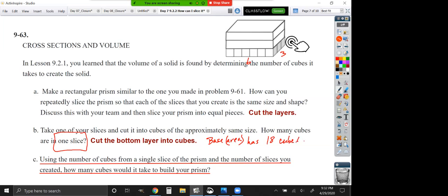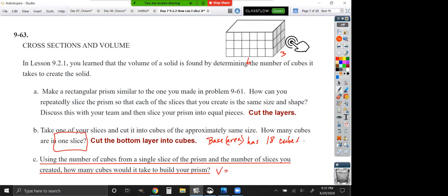Part C: use the number of cubes from a single slice of the prism and the number of slices you created. How many cubes would it take to build your prism? If we take those 18 and do that for 1 layer, 2 layers, 3 layers, so 18 on the bottom, 18 in the middle, and 18 on the top, how many total cubes would you have?